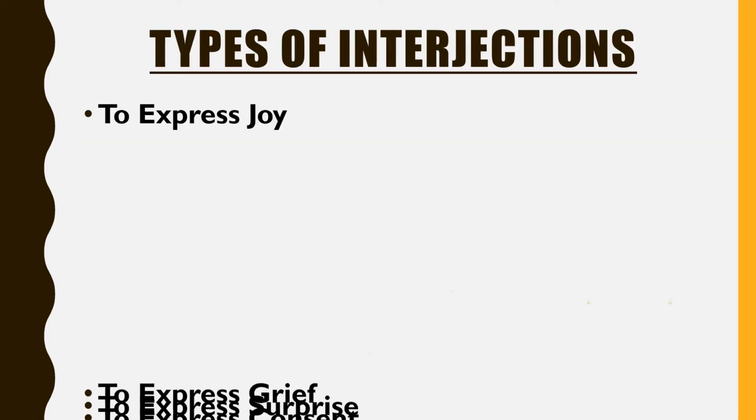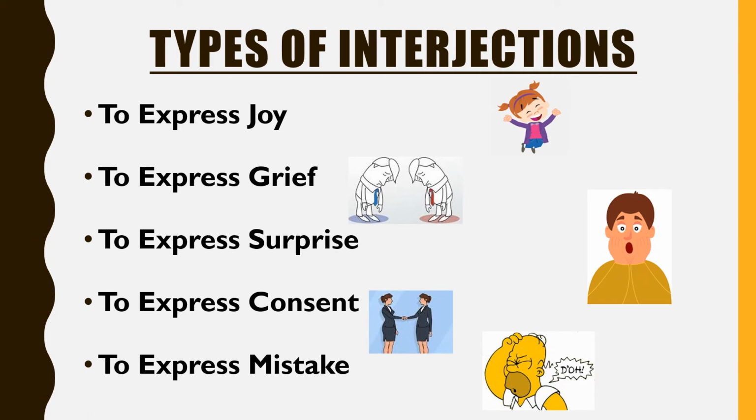Let's now understand a few types of interjections. See here: to express joy, to express grief, to express surprise, to express consent, to express mistake. On the basis of feelings, or we can say expression, I have divided these interjections into these 5 main types.